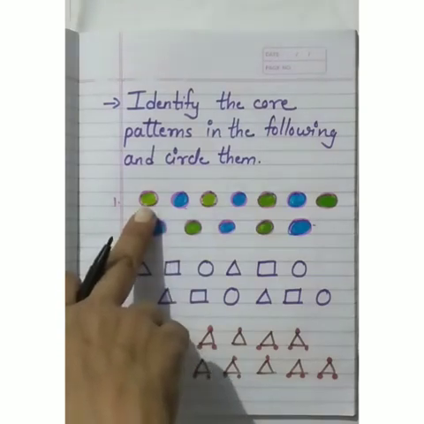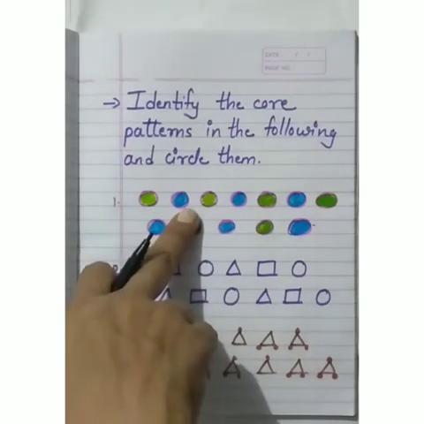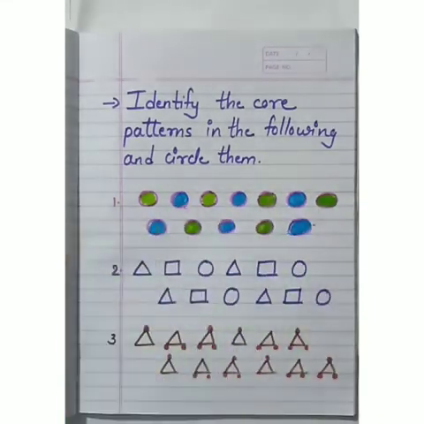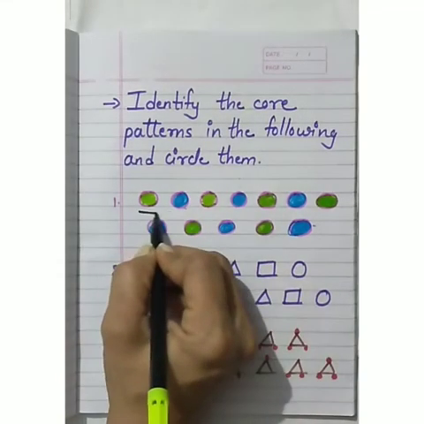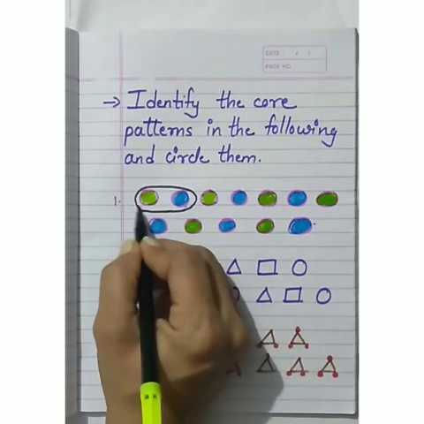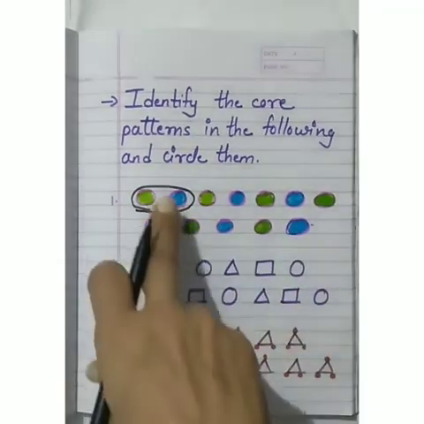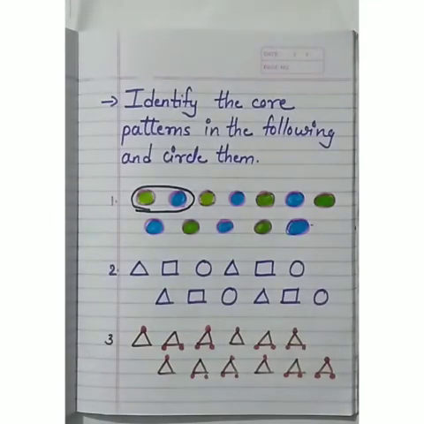First circle is of green color. Blue, green, blue, green, blue, green, blue. So here the color is repeated. So that becomes our core pattern.